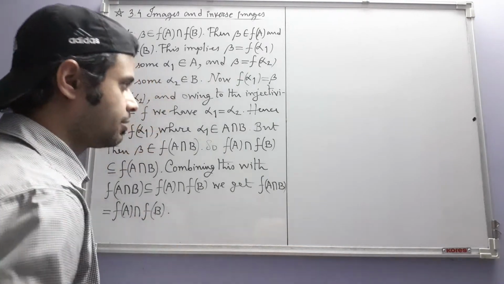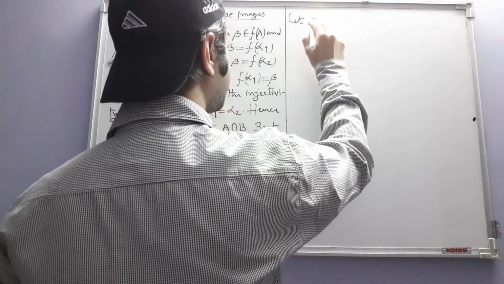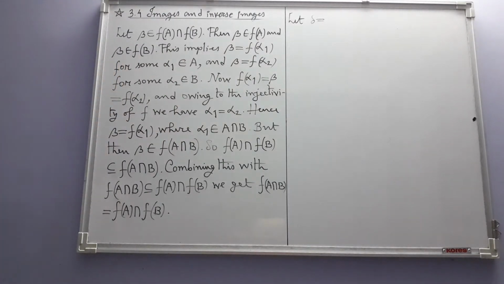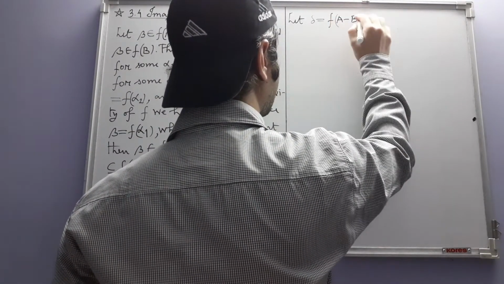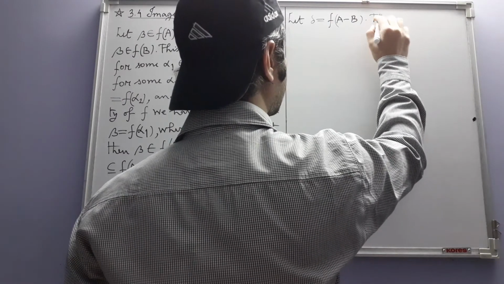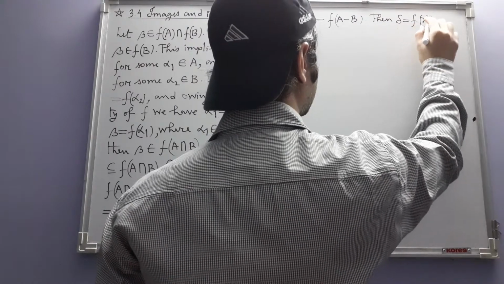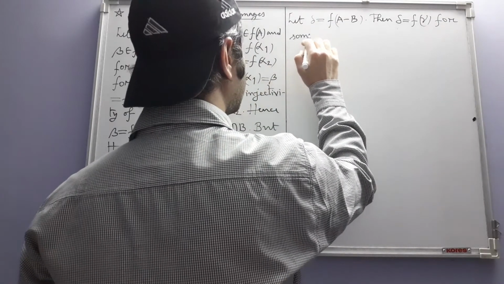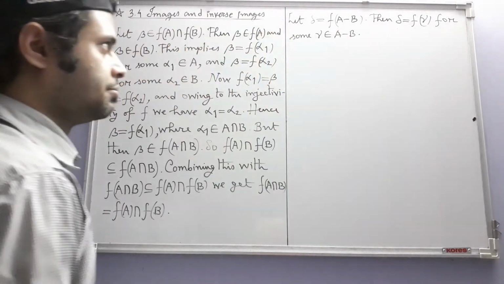Okay. So let us do that. So let delta be any element in f of A minus B. Then delta is equal to f of gamma for some gamma in A minus B. Okay.